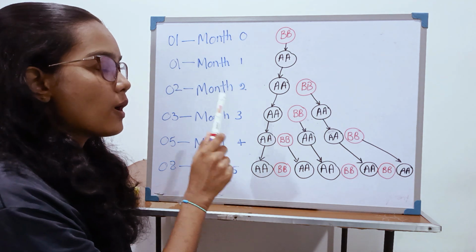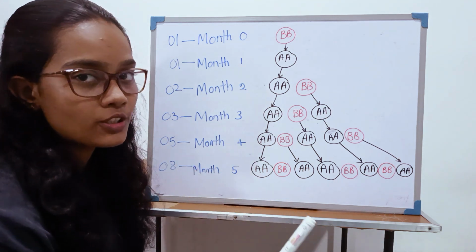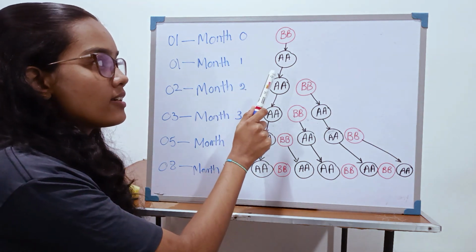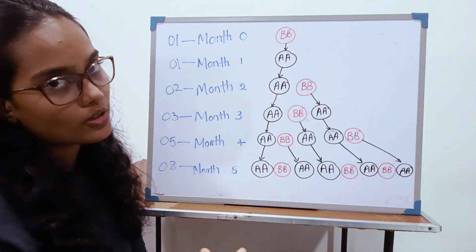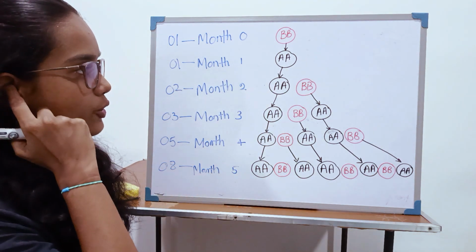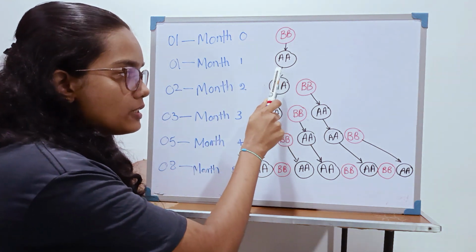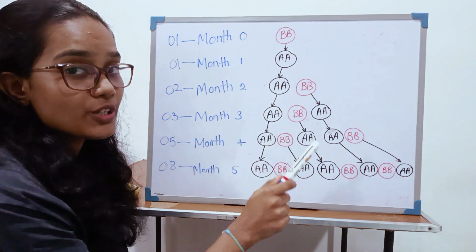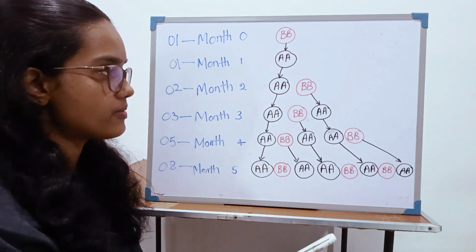Now when it comes to month 1, they take 1 month to grow into adults, and now this baby pair has grown into adults. No newborn pairs right now. At month 2, this adult pair remains the same, and now they have produced another pair of newborn rabbits.